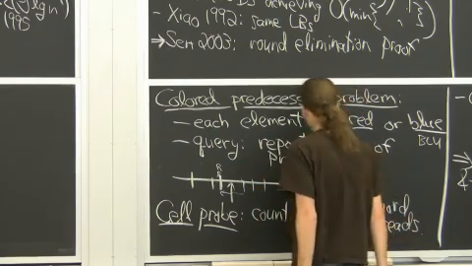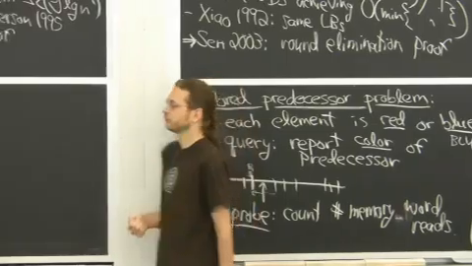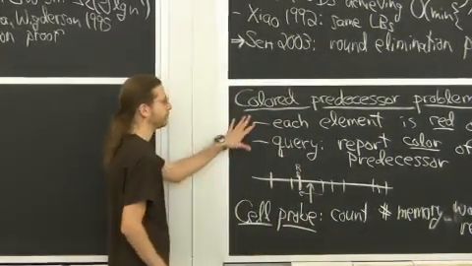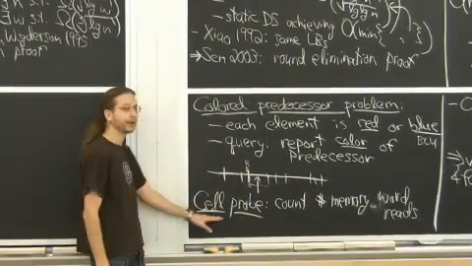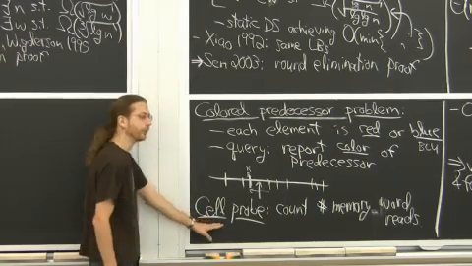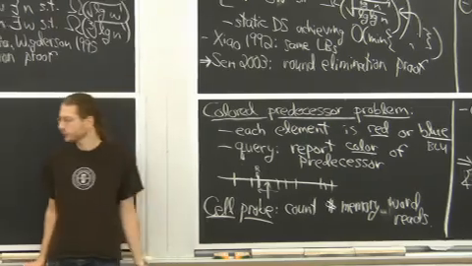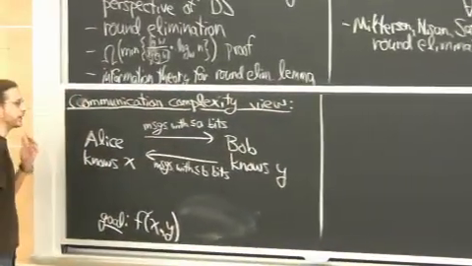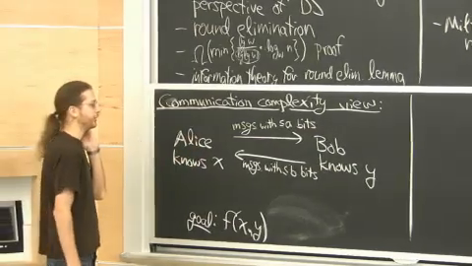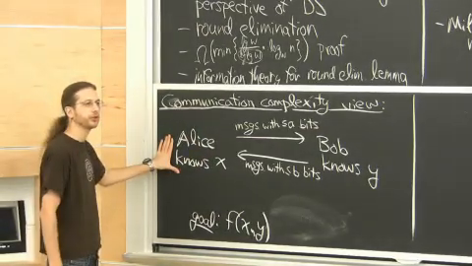We want to know how many words of the data structure we need to read in order to answer a colored predecessor query. If we can prove a lower bound on this, of course it implies a lower bound on the word RAM, or the transdichotomous RAM, or pick your favorite model that works with words.